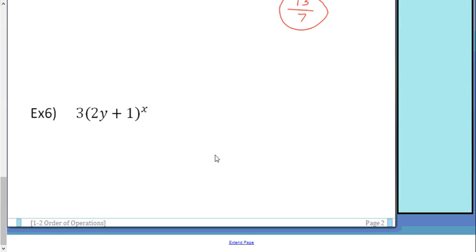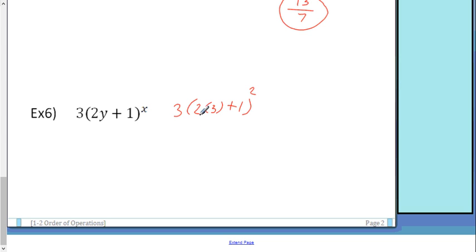All right? So let's do one more example. We have 3 parentheses 2y plus 1 to the x power. So just like before, we're going to put the numbers in. So we have 3 parentheses 2 times 3 plus 1 to the second power, because x is 2. So I have a whole bunch of stuff going on here, so what do I do first?